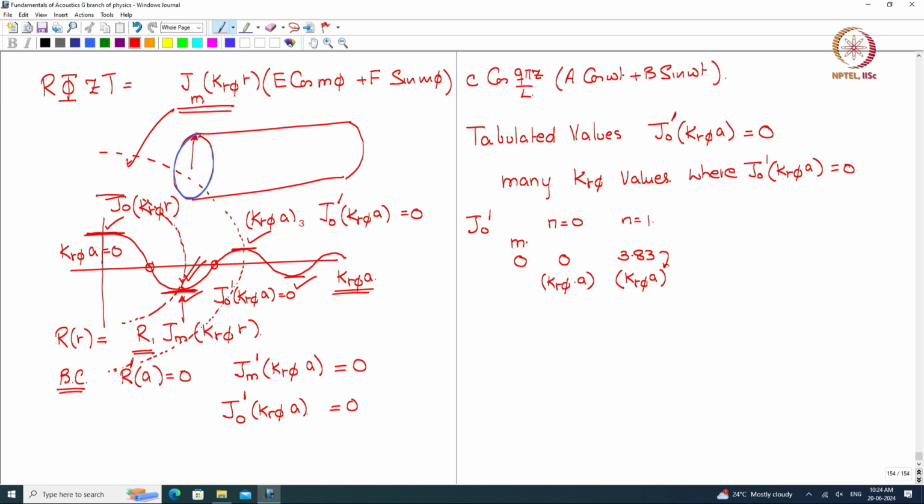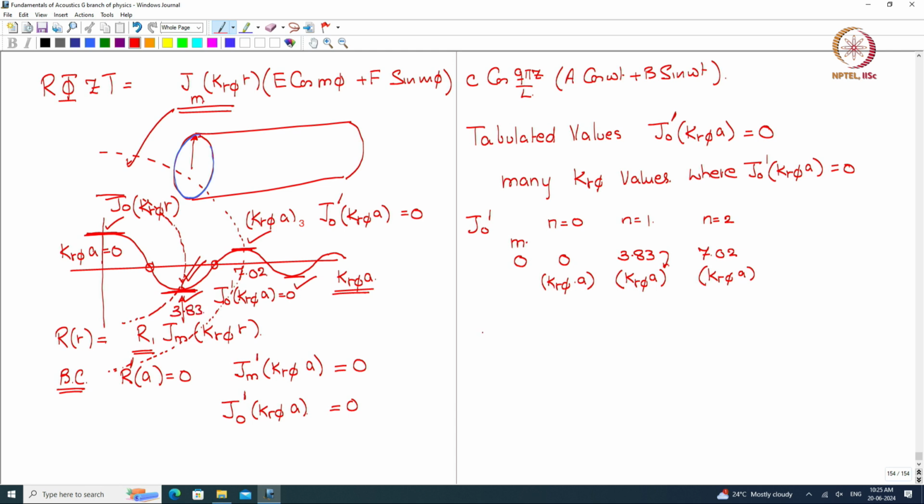And where is the next one? This is n equal to 2. This is 7.02. Again, for a K r phi a value of 7.02, okay, 0, 3.83, 7.02.